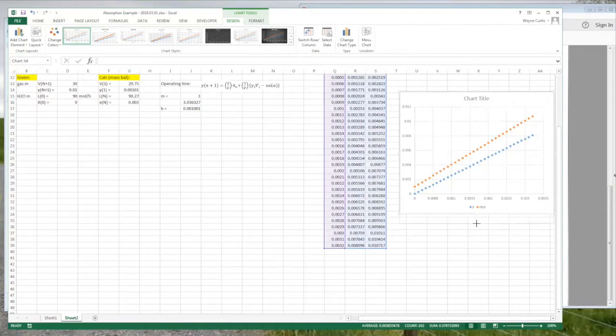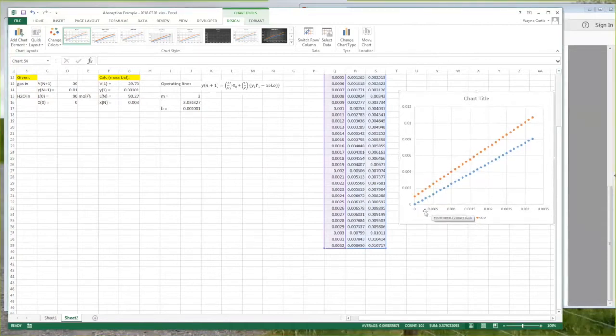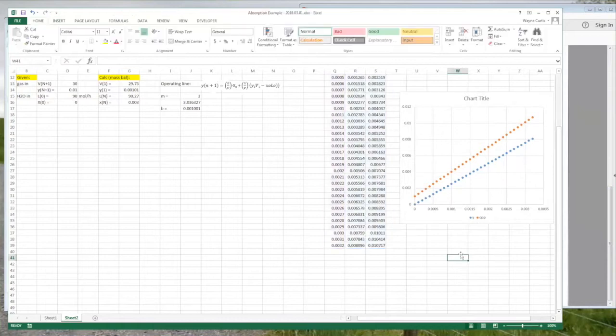So functionally, I'm not going to change the size of that anymore, because now we can kind of look at it and get a feeling of where we're headed. This point right here, which represents an x value of 0, and this operating line here, that is basically at the top of the column.